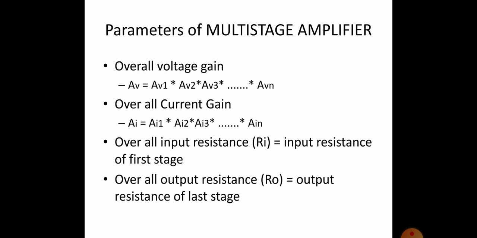Next is your overall current gain, which is given as AI = AI1 × AI2 × AI3 × ... to the n number of amplifiers. Next we have overall input resistance Ri, which is equal to the input resistance of the first stage. Then we have overall output resistance Ro, which is equal to the output resistance of the last stage. So these are the various multi-stage parameters.